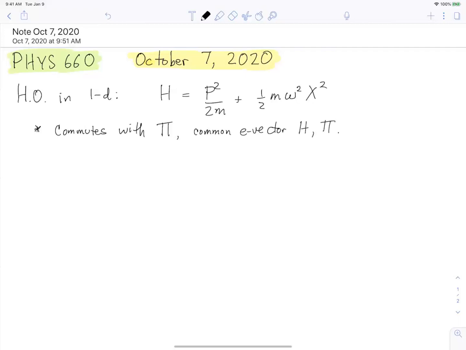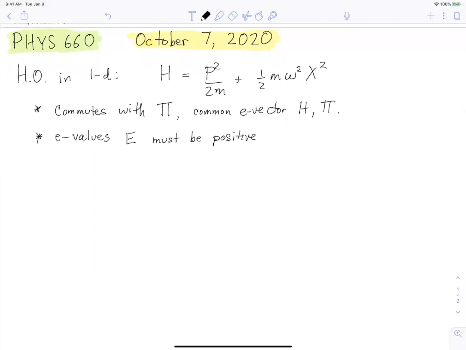So we should find all stationary states to be parity eigenstates. And the other thing that we did at the very end of our last class meeting is we proved that the energy eigenvalues must be positive. So we will find that useful later.